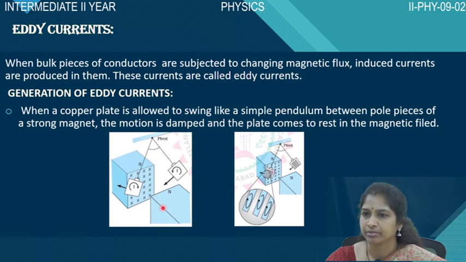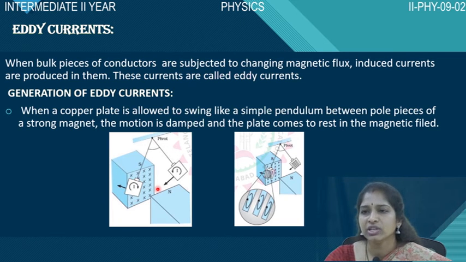When this copper plate is allowed to move in the magnetic field, what will happen? When there is a magnetic field, there will be magnetic field lines. So the magnetic field lines cutting across this area will change. When there is a change in the magnetic field, I can say there is a change in the magnetic flux.